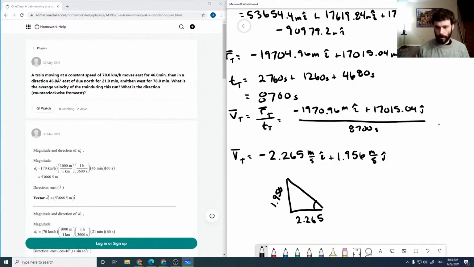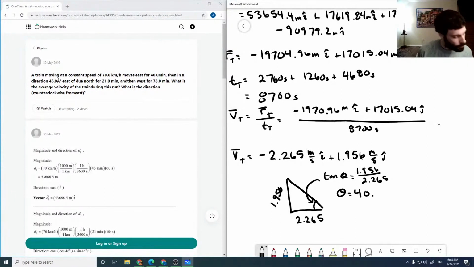So then this angle is, tan theta is equal to opposite over adjacent, so 1.956 over 2.265, which leads to theta equals 40.81.